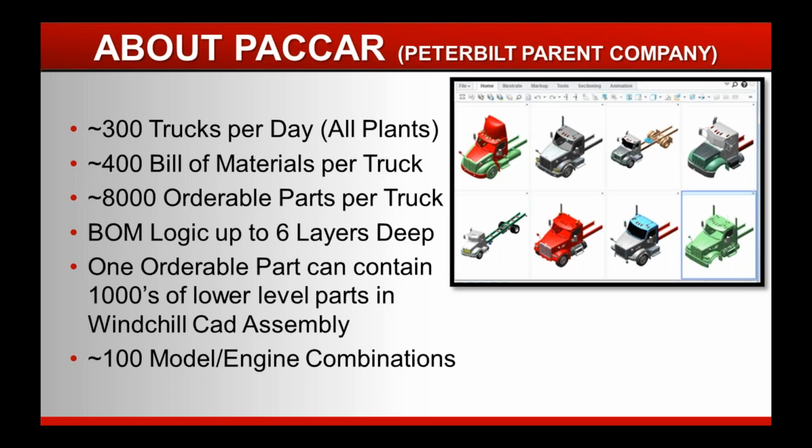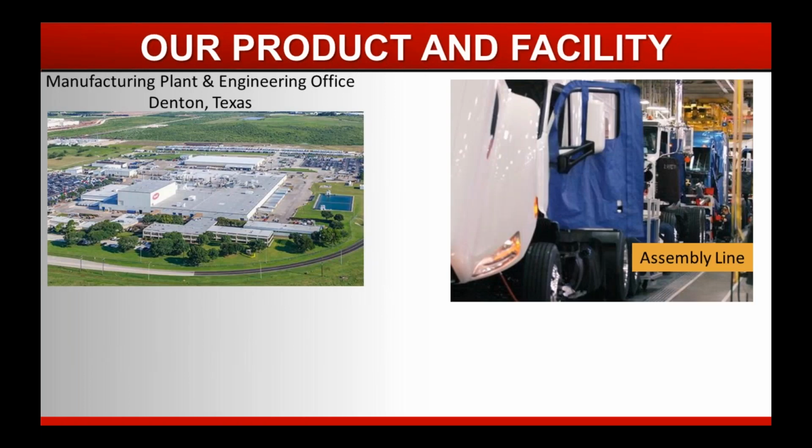And we have over 100 model engine combinations that we're managing. Just imagine all the hoods and powertrain combinations and all the variation we have to manage for our product.